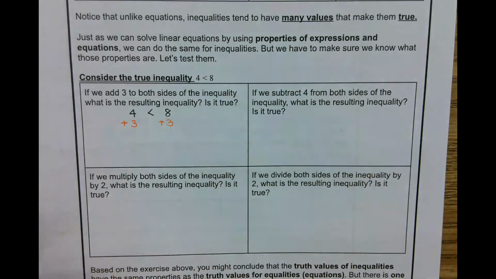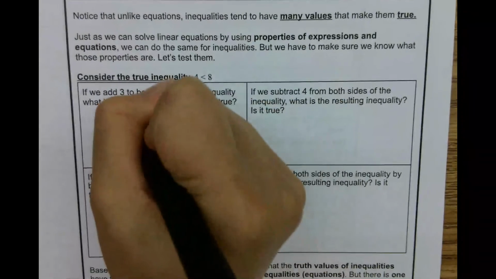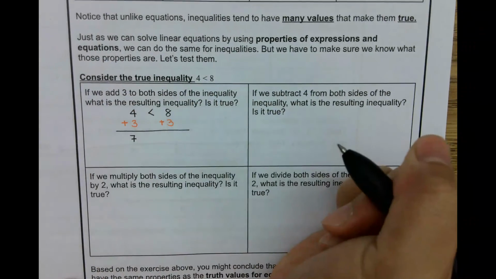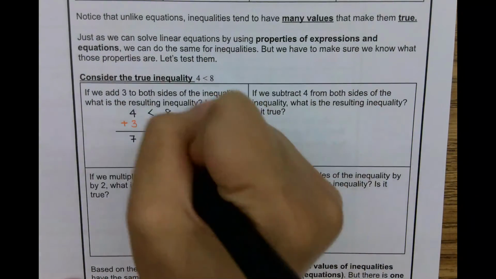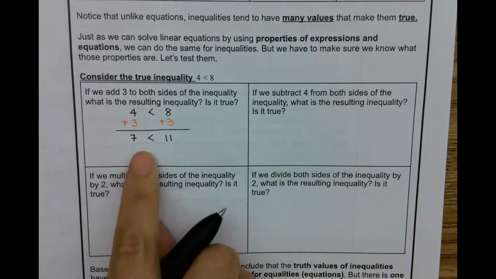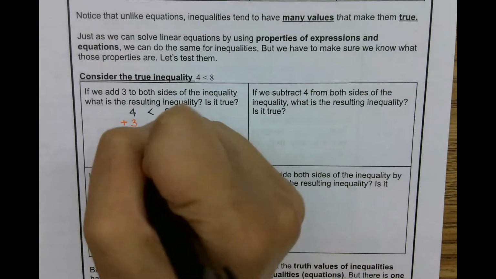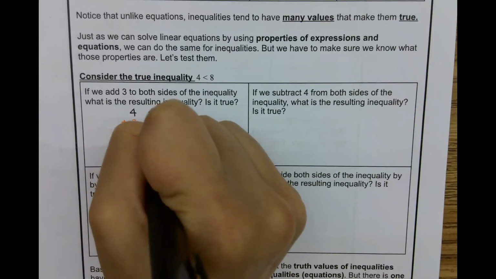So if I add 3 to both sides, is the resulting inequality true? 4 plus 3 is 7. 8 plus 3 is 11. So my resulting inequality is 7 less than 11. Is it true? Yes, it is still true.